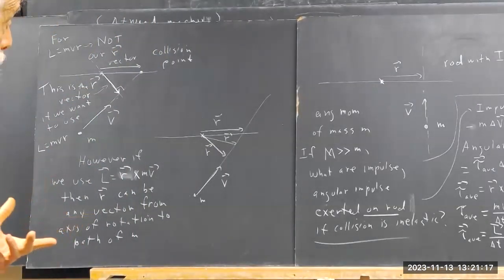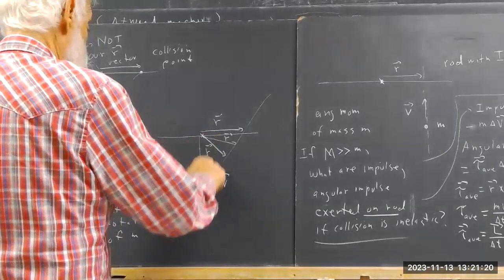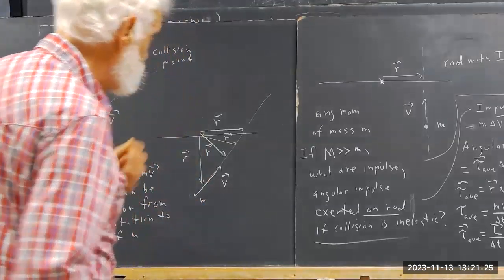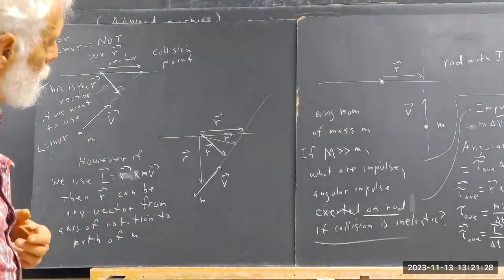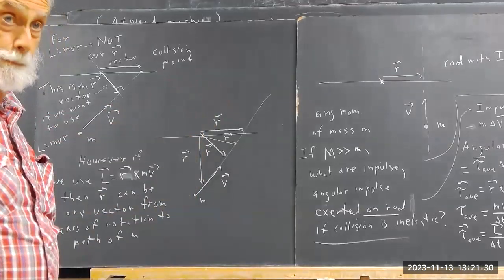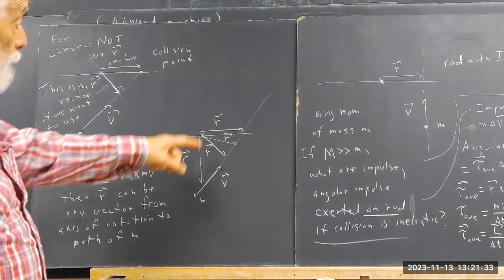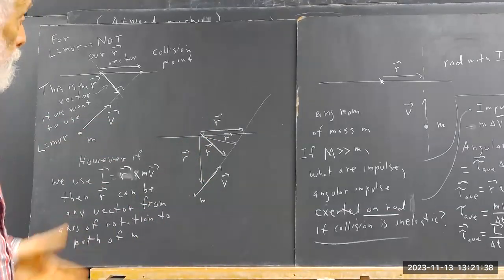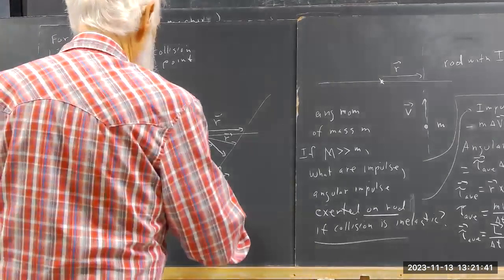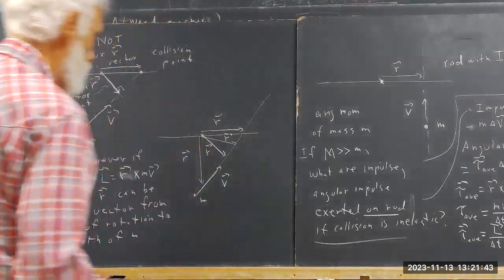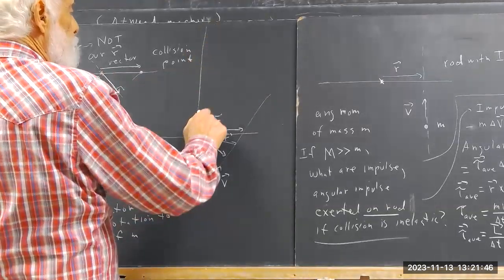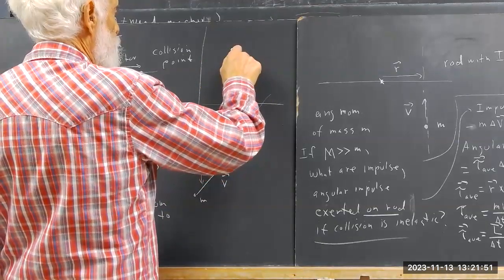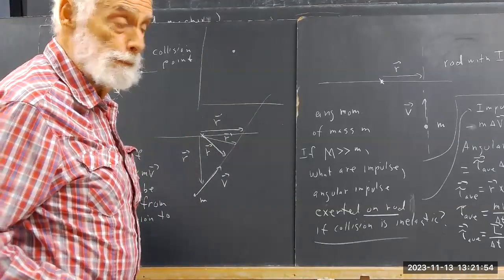Why does it not make any difference? We could use the R vector down here. Well, what's the magnitude of R cross V? This means that the magnitude of R cross V should be the same for any of these vectors. So what we do is we say, okay, here's our axis of rotation.